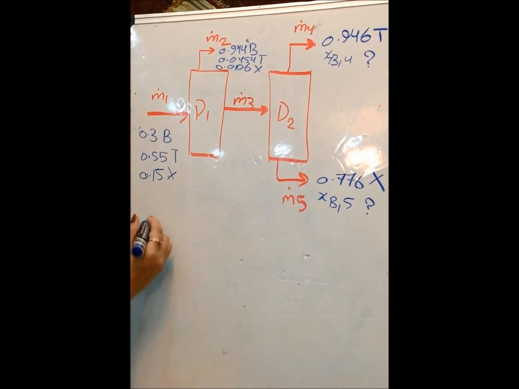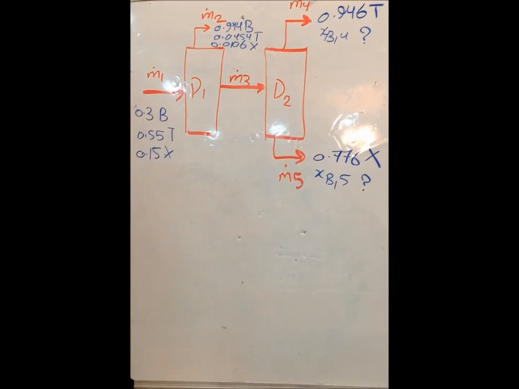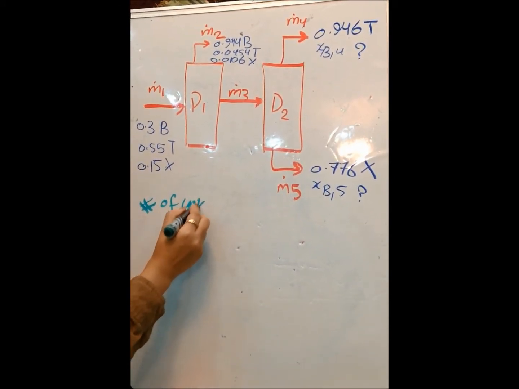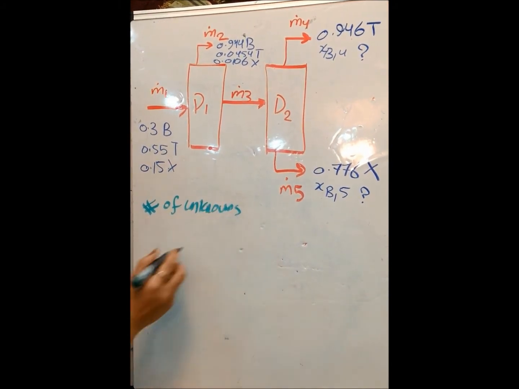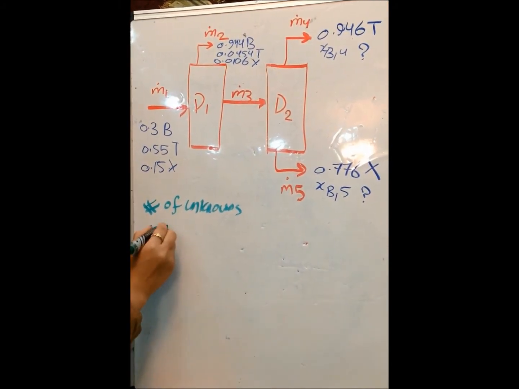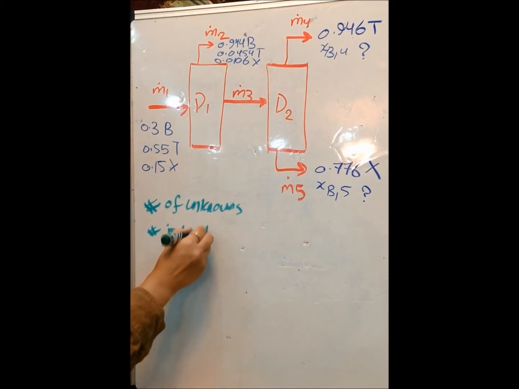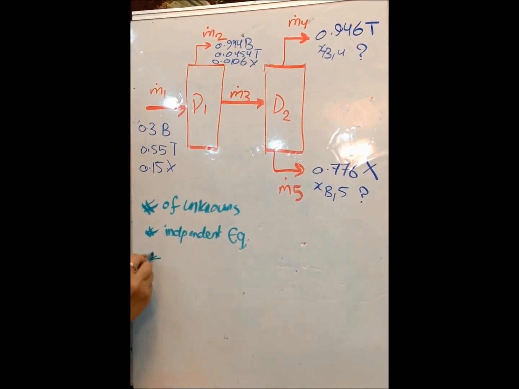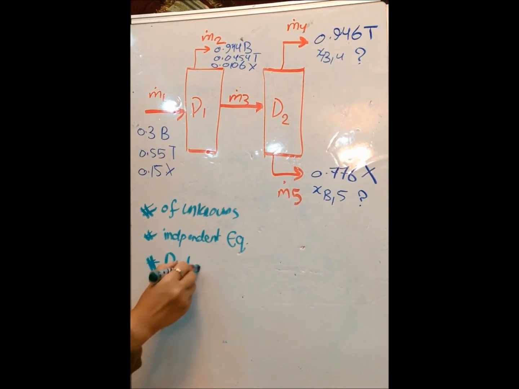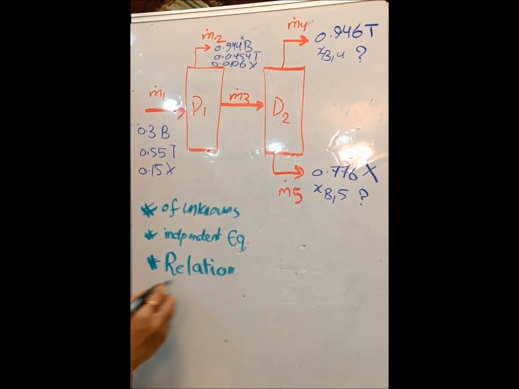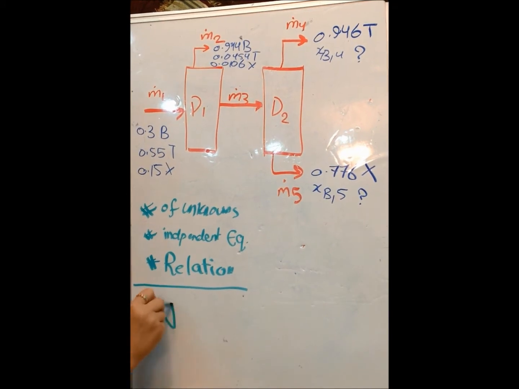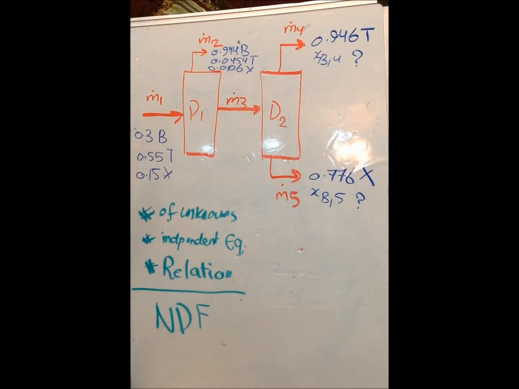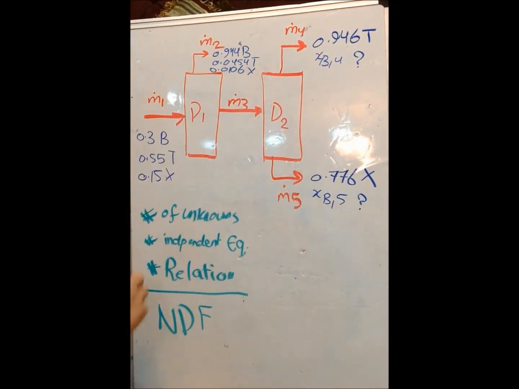First we have the number of unknowns, and the number of independent equations, also the number of relations that we can have in our system, and finally we have the degrees of freedom. But first of all, we should know how many systems we have in our problem.